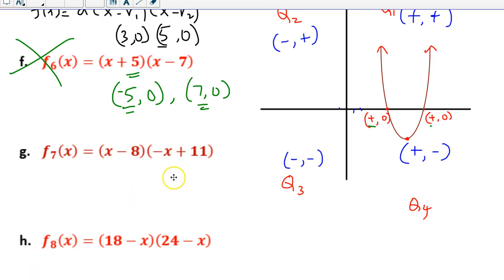Alright, let us simplify this in a separate page. Negative x plus 11, I'll do it in detail here. I don't want a negative sign for x. So, how do you handle that?